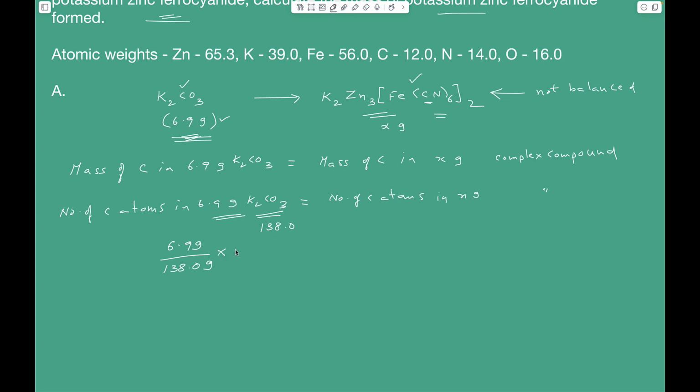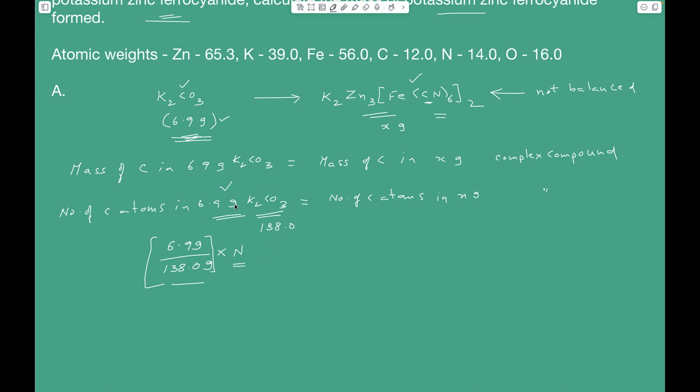And if you multiply the number of moles with Avogadro's number, you would get the number of formula units of potassium carbonate. It is an ionic compound. So K2CO3 represents one formula unit. So the number of moles multiplied with Avogadro's number gives the number of formula units present in 6.9 grams of potassium carbonate.